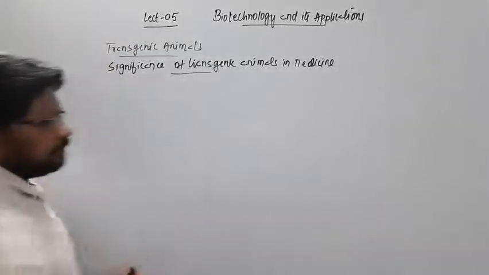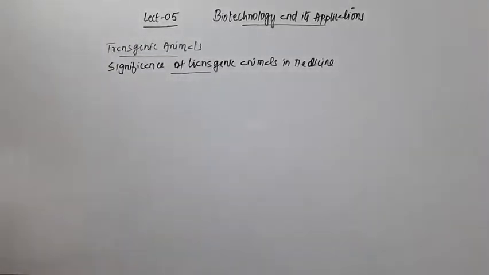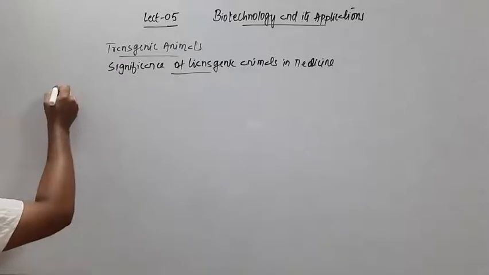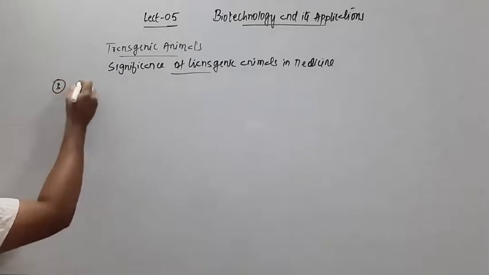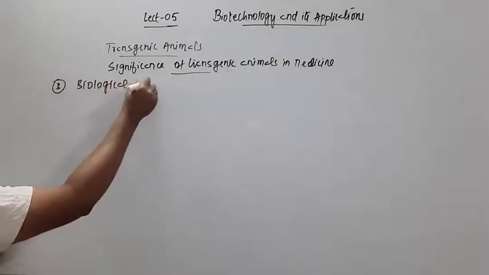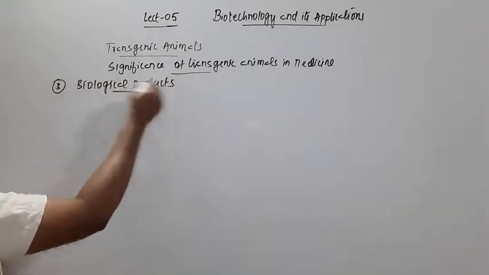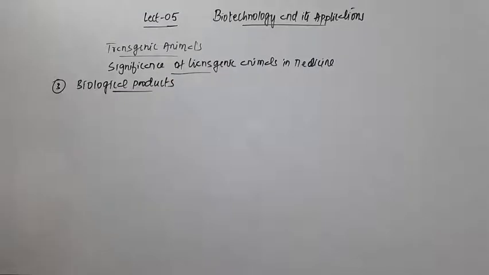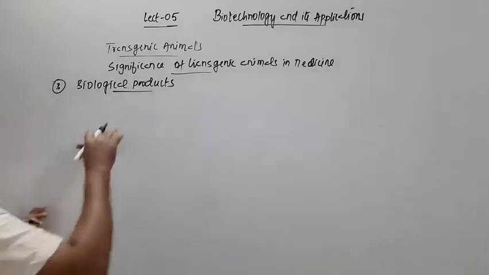The next one is in making biological products. So what are these biological products here? See, medicines, in fact, which are used to treat diseases, especially in the case of human beings, contain some biological products.